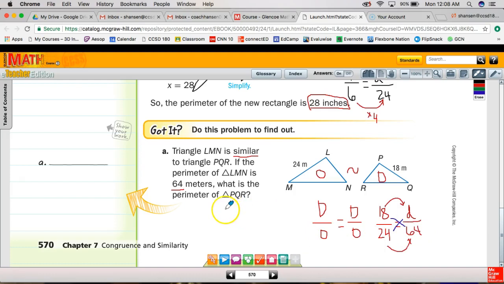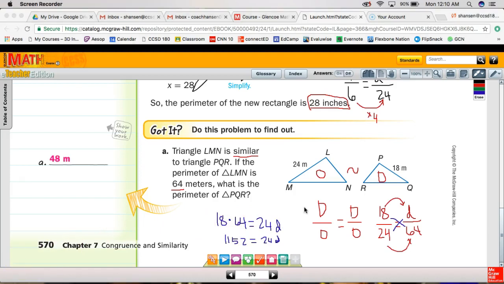I'm going to have 18 times 64 equals 24 times D. I'm going to go ahead and solve from there. So you end up with 18 times 64 equals 1152, and 1152 equals 24D.